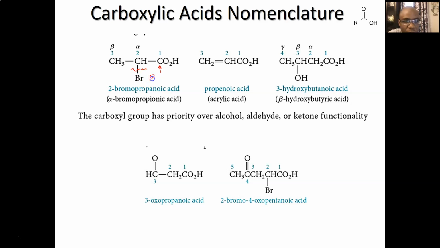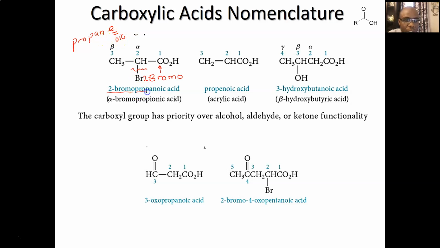Here it's a bromine, but it's a substituent, so it's a bromo, and it's on the second carbon, so 2-bromo. There's no other substituent, so the substituent name is listed first. And then you notice that you have 3 carbons, so it would have been a propane. So for carboxylic acid, the E part is replaced by OIC, so propanoic.